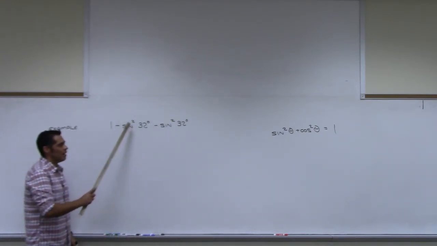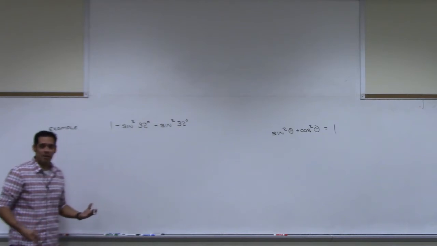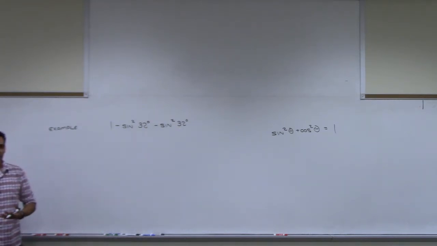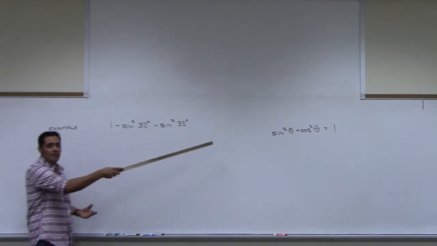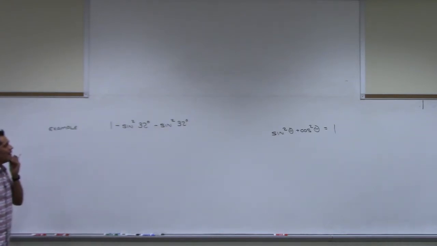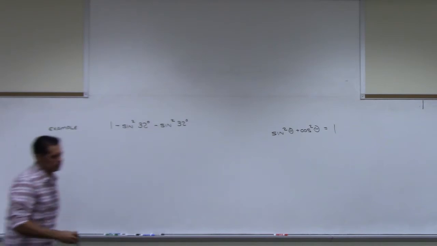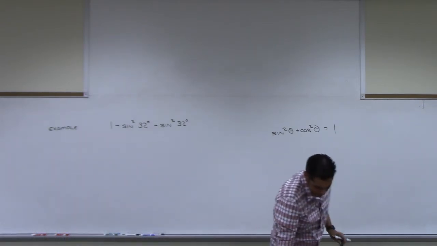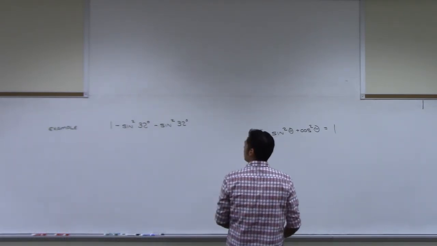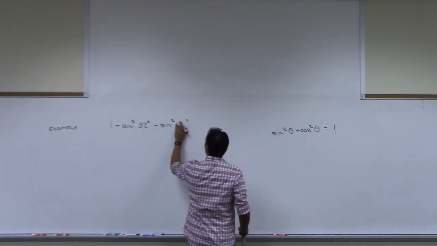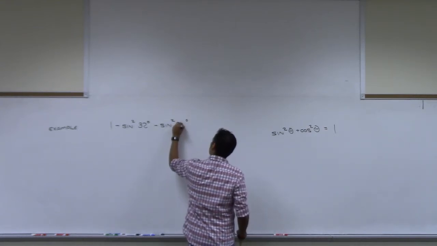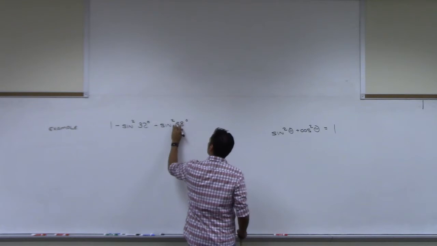That's the only formula I've given you up to this point that has sine squared in it, right? So you should be thinking of that identity. Now, hold on a second. I meant to change this. Sorry. 68 degrees, 58.